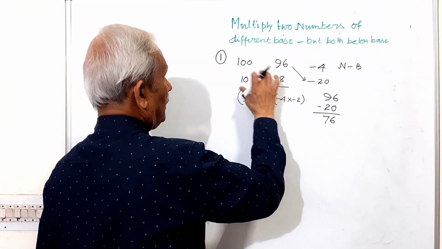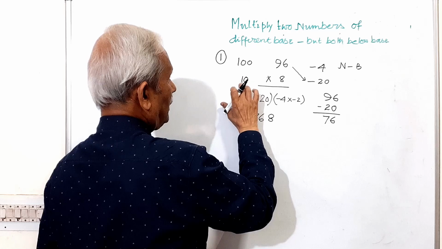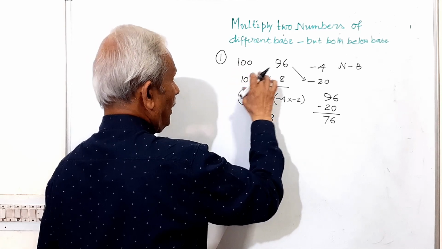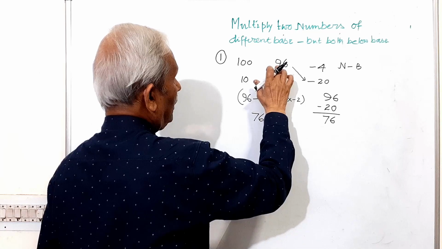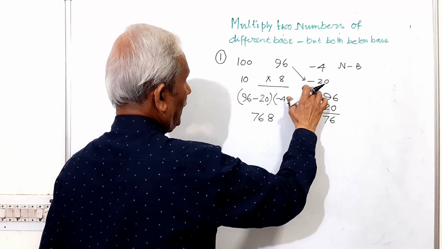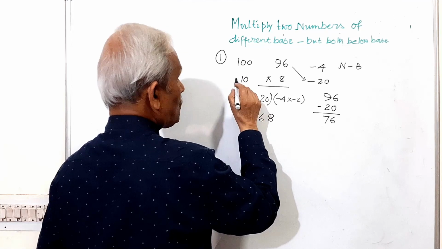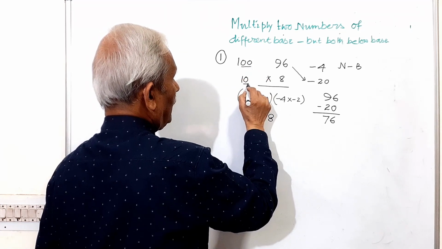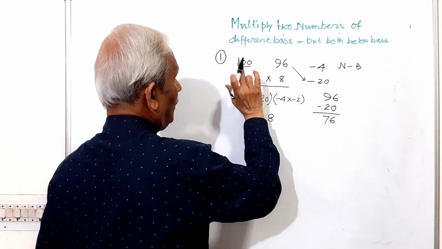I repeat it once again. 96 into 8. Here the base is 100. Here the base is 10. Two different bases, but both are below the base. 96 minus 100 is minus 4. 8 minus 10 is minus 2. Right? Now the most important thing is to find out how many zeros are here and how many are here. The difference of zeros is only 1 zero.